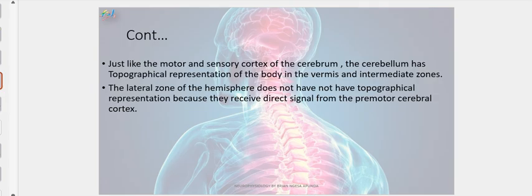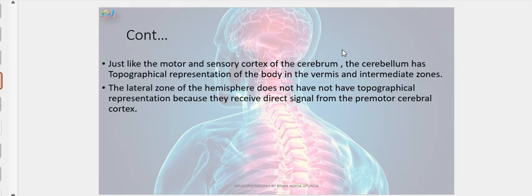And also maybe good to know, just like the motor and the sensory cortex of the cerebrum, where we have the topographical representation of the body by what we refer to as the sensory homunculus and the motor homunculus, the vermis and the intermediate zones of the cerebellum also represent the body in a very topographical manner, so that a specific part of the cerebellum determines the specific activity at a specific part of the body.